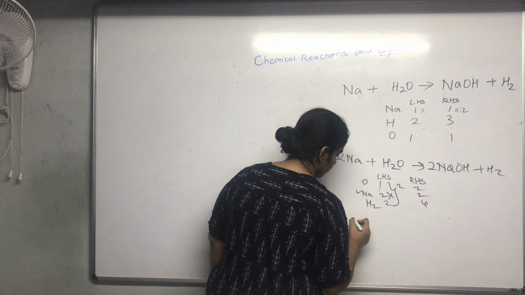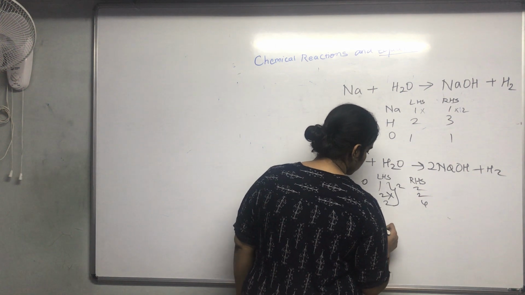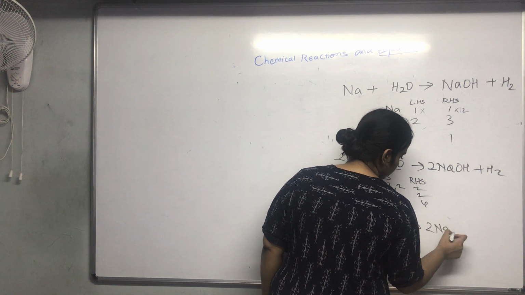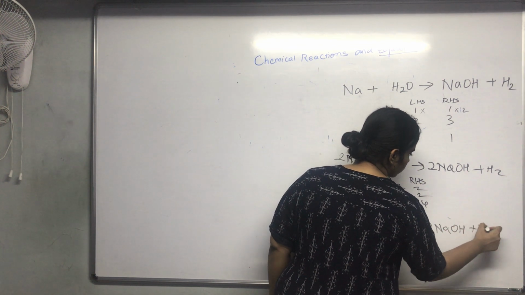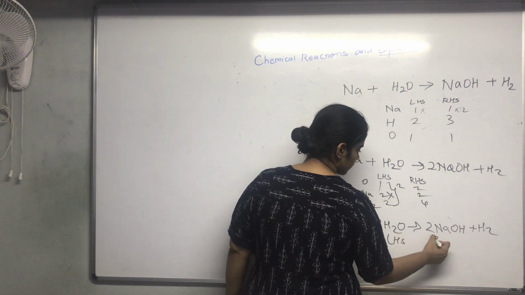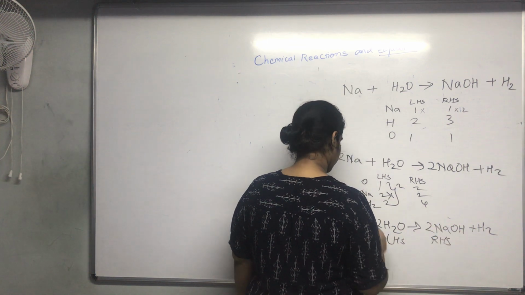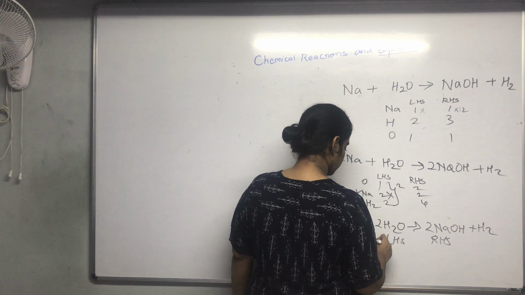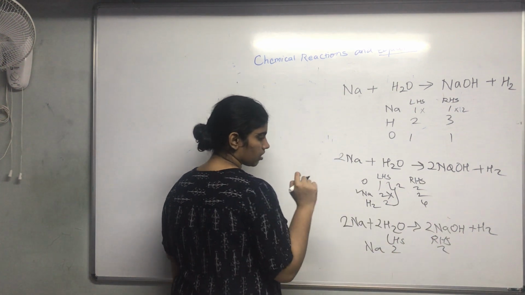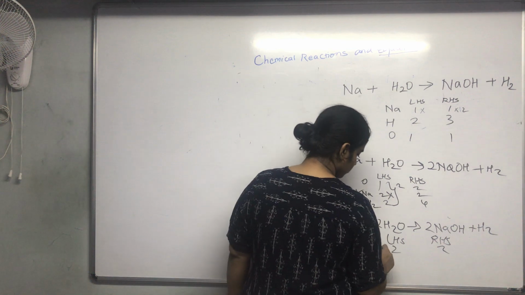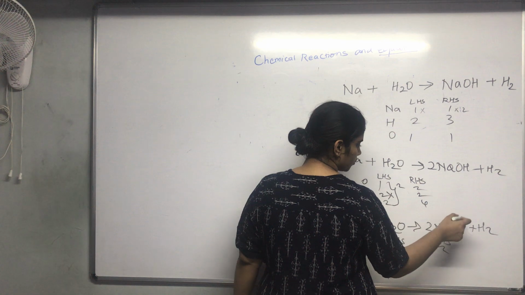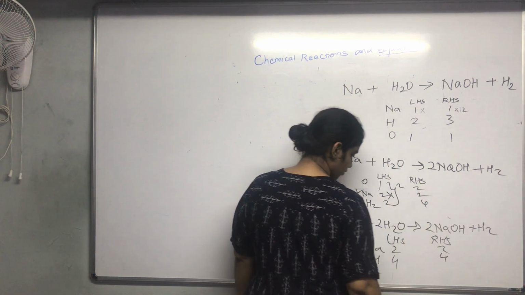So if I talk about 2Na plus 2H2O gives you 2NaOH plus H2. And if you check on LHS as well as on RHS, there are 2Na, 4 hydrogen atoms: 2 into 2 on the left, and 2 plus 2 on the right, that also equals 4.